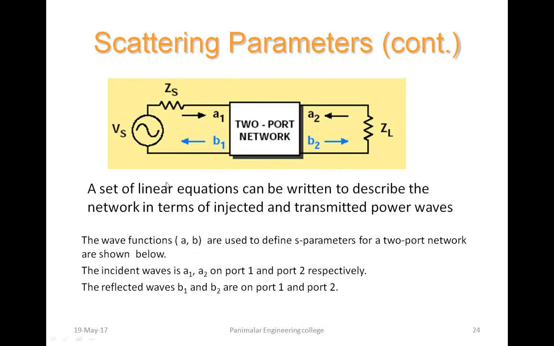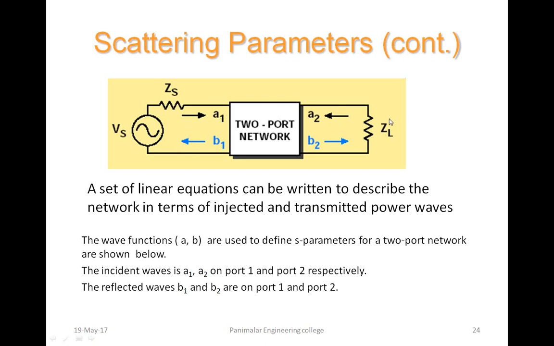So this is the network of our interest. Port 1 of this 2-port network is connected to a voltage source, which is connected to a source impedance ZS, and the incident wave is represented as A1. The corresponding reflected wave is represented as B1, which is in the opposite direction to the incident wave.